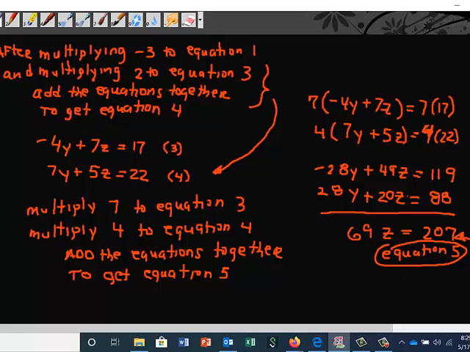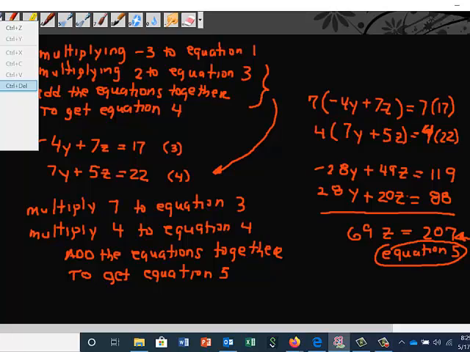So now I'll go ahead and switch boards, clear it. Okay, so we'll start again, continuing on. Our fifth equation was 69z is equal to 207. And so now we solve for z.